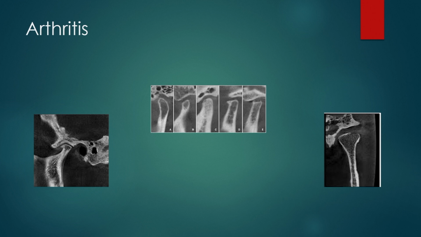Those are all arthritic changes. Here you see erosion of the cortical plate. Here, this condyle is shortened, and it has some beaking in the anterior, but you can see that the normal shape is changed.